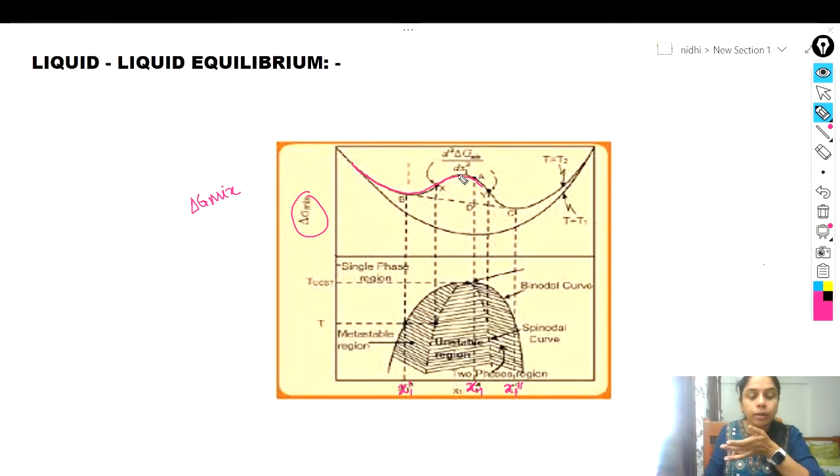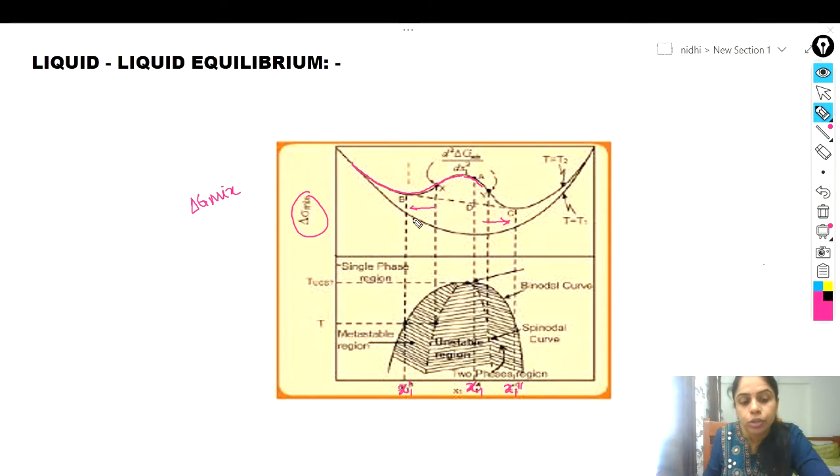And if you change the composition, see over here, at this point your Gibbs free energy is maximum, and when you change the composition from this side or that side, it may go towards the lower energy side. This side is a lower energy side, and at this side also it's a lower energy side.